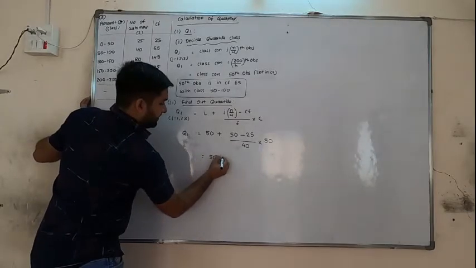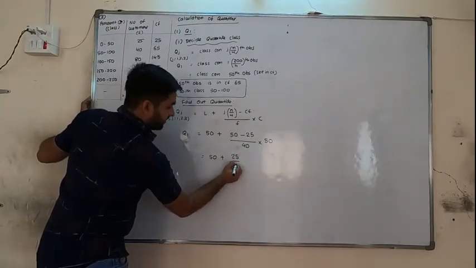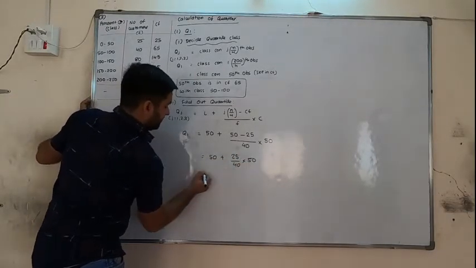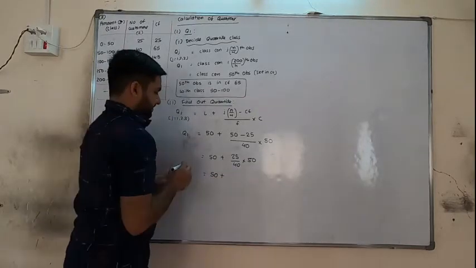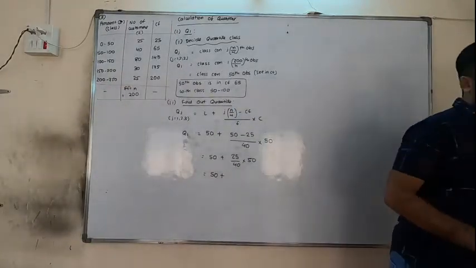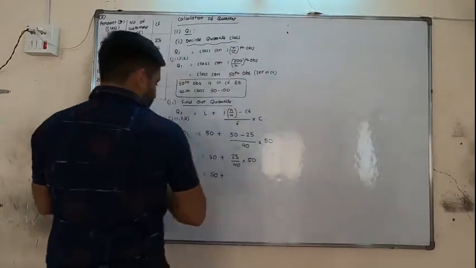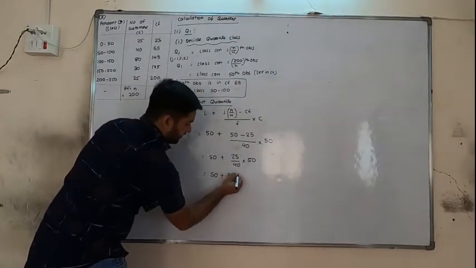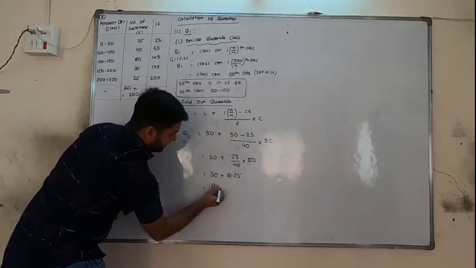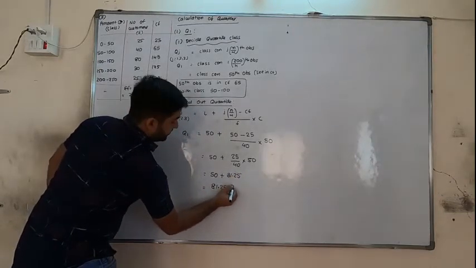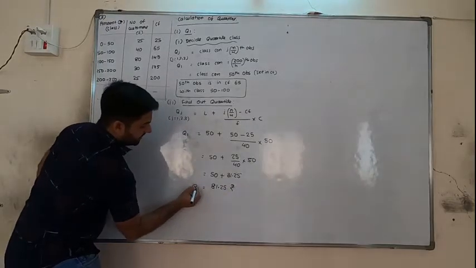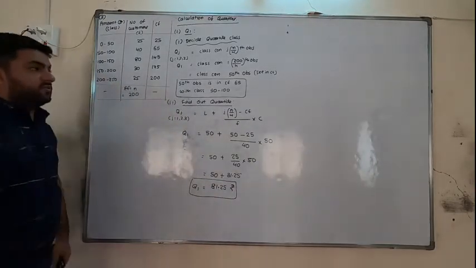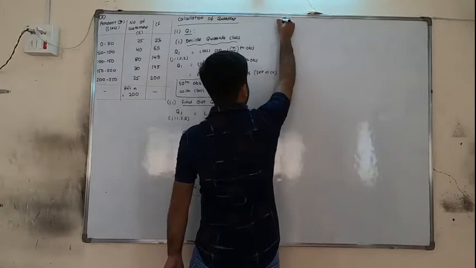So 50 plus 25 by 40 multiplied by 50. That is 50 plus 25 into 50 upon 40, which is 31.25. So the answer is 81.25 rupees. For class, we have the unit as rupees. So this is the first quartile.